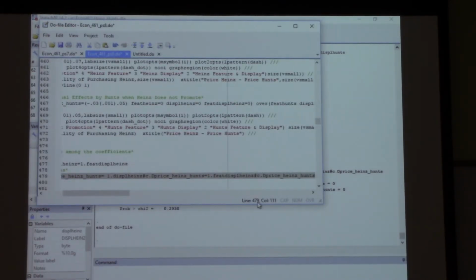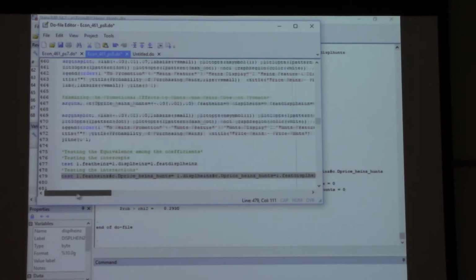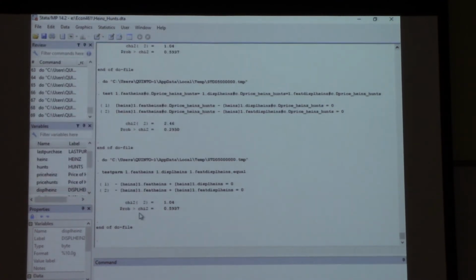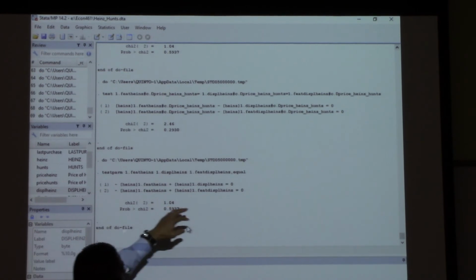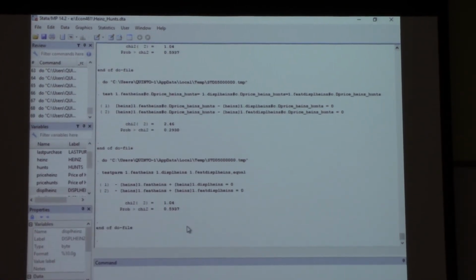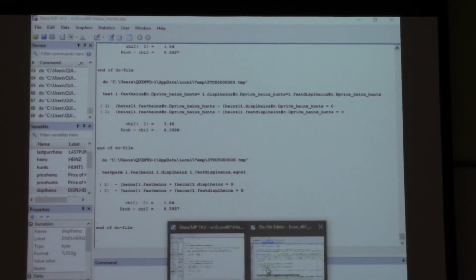You can also use testparm. Yeah, testparm does the same thing, except to make them equal, you just list them. You don't have to put the equal sign. You just list them, and then at the end you put equal. So again, it just does a similar test. It's actually a little bit different test, but you get similar results.